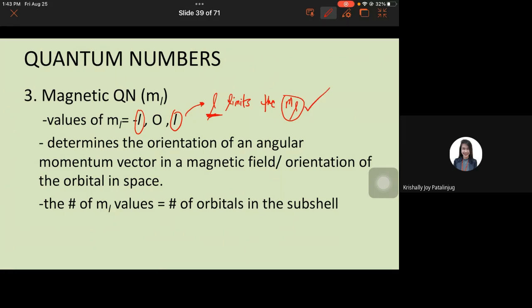So that's the order of quantum numbers. It should be in chronological order: principal first, then azimuthal, followed by the magnetic quantum number.